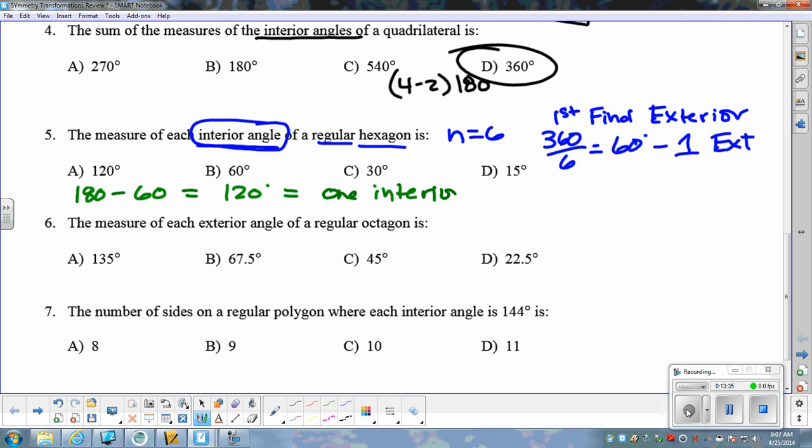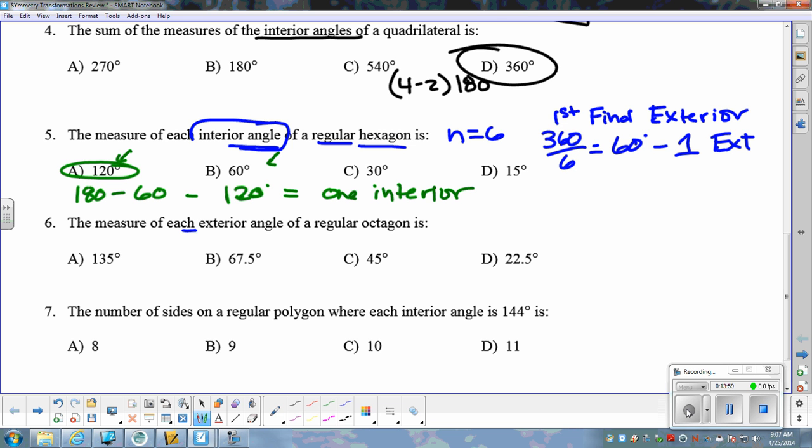Notice on this multiple choice, they will give you both choices. So you have to be extra careful in how you answer. See, I did that on purpose just to make sure that you're paying attention so that we have our answer as being 120.